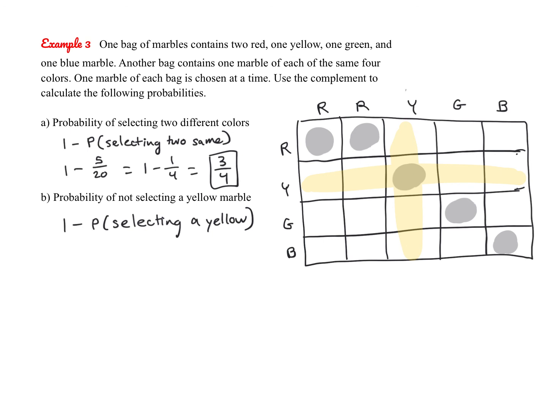So there are 8 possible times when I could select a yellow out of 20. So it's 1 minus 2/5, so 3/5. You can see here, it's useful to use the complement because there are fewer times where you are selecting a yellow than when you're not selecting a yellow, so it's a little bit faster of a process.